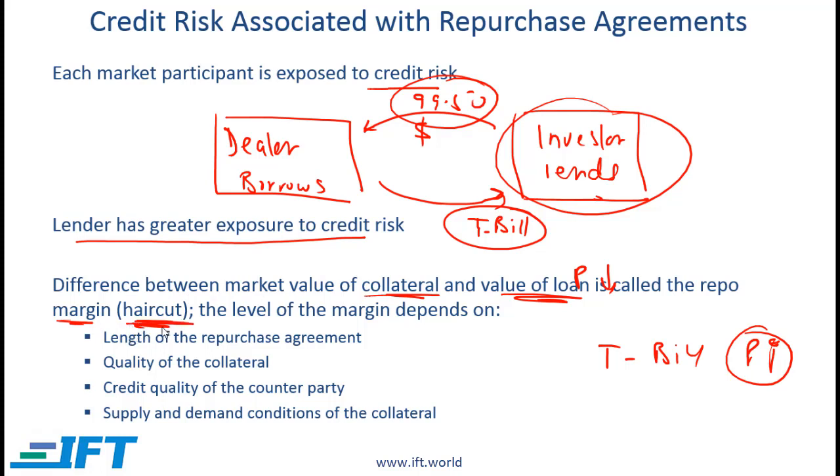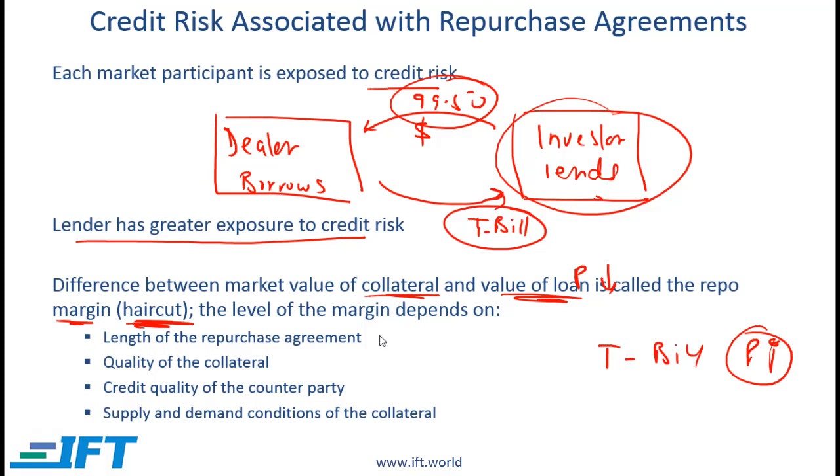The level of this margin or difference depends on the length of the repurchase agreement, the quality of the collateral, credit quality of the counterparty, and the supply-demand conditions of the collateral. And just to make the relationships explicit, the longer the repurchase agreement, the higher the repo margin.